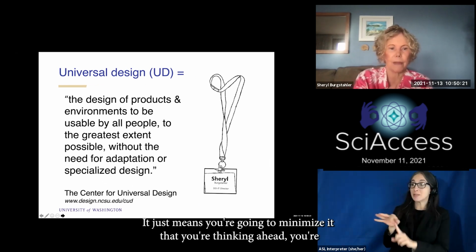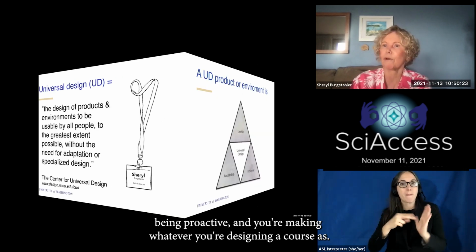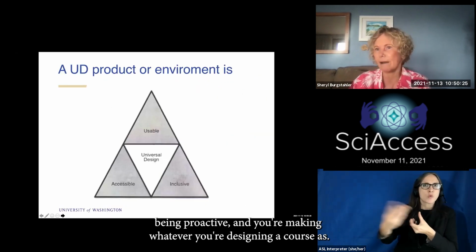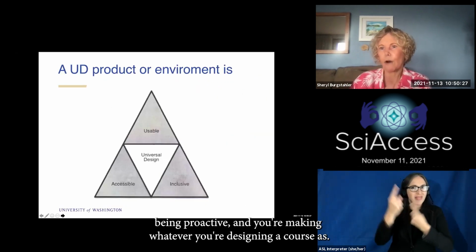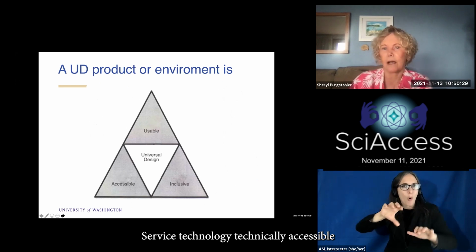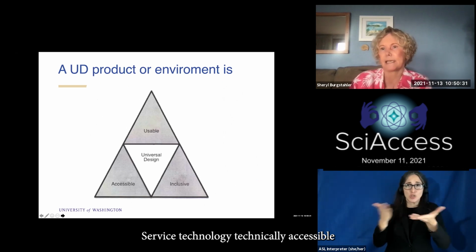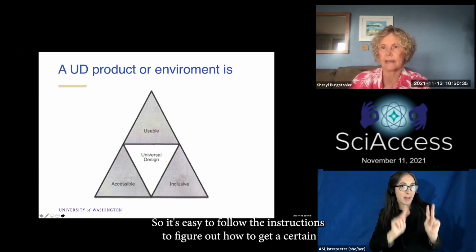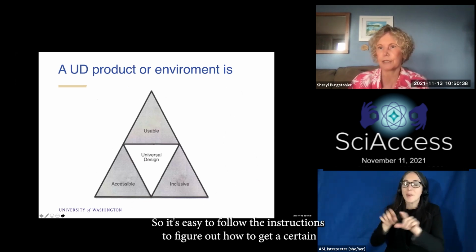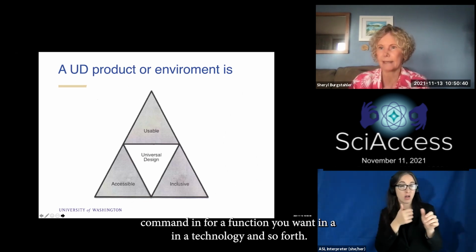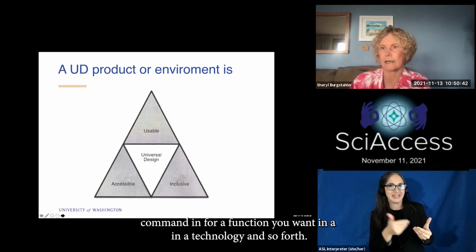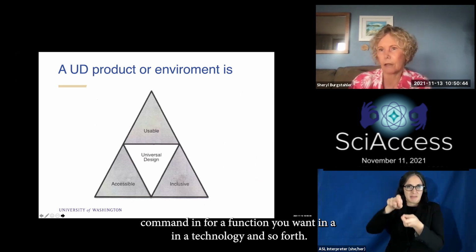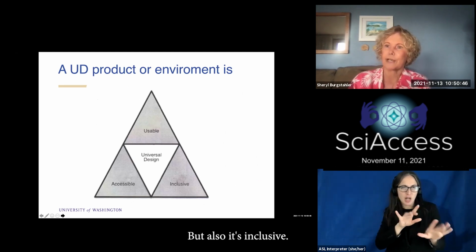It just means you're going to minimize it, that you're thinking ahead, you're being proactive, and you're making whatever you're designing, a course, a service, technology, technically accessible to people with disabilities, but also usable by them, that it's easy to follow the instructions, to figure out how to get a certain command in for a function you want in a technology and so forth. But also it's inclusive.